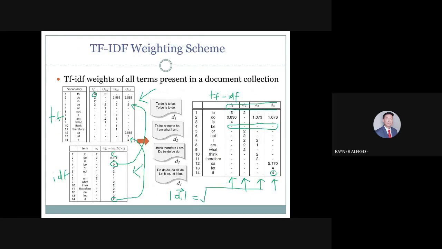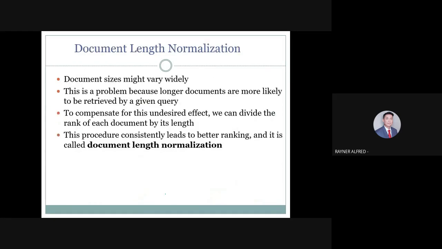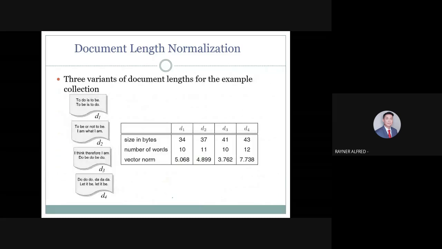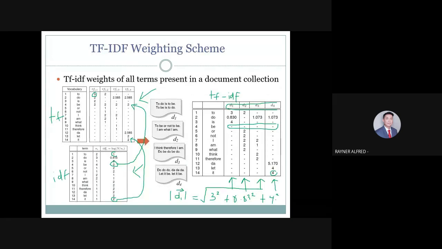So we will have the square plus 0.83 square plus 4. This is the length of the document. So the length of a document is here. You should be getting this 5.068 from here. So this is 5.068.